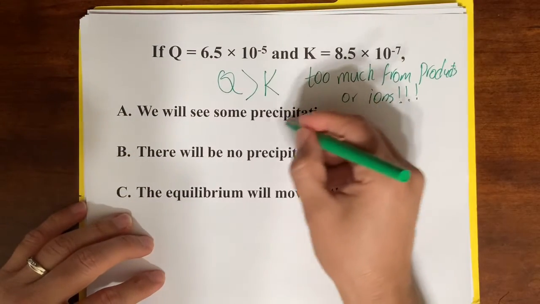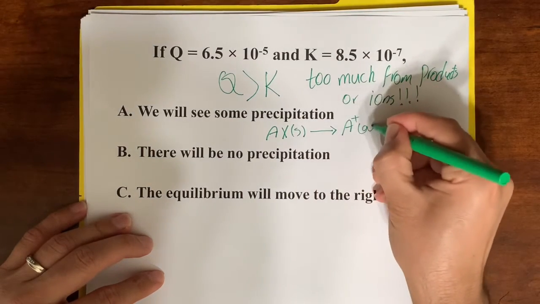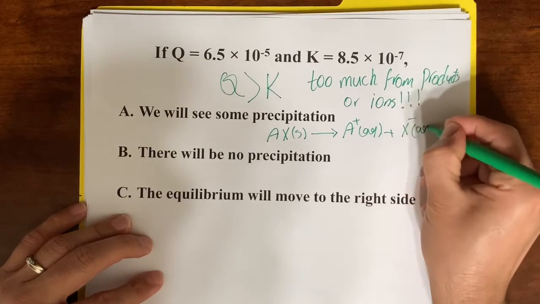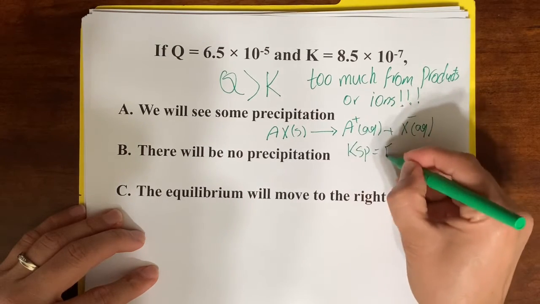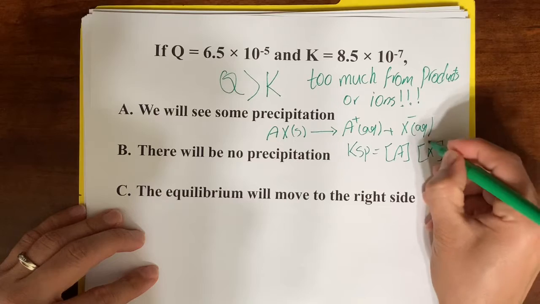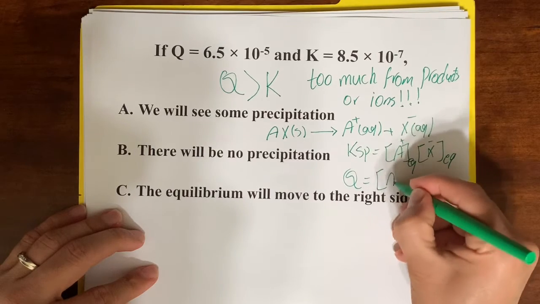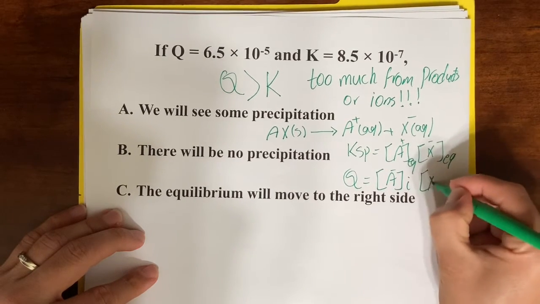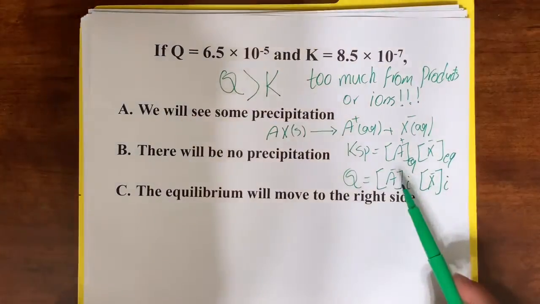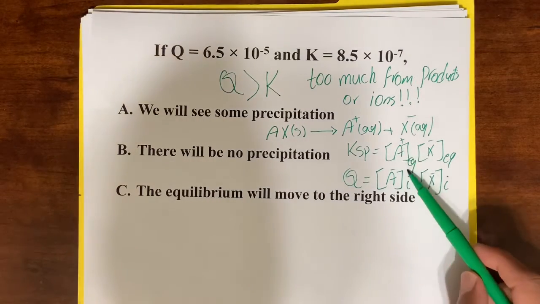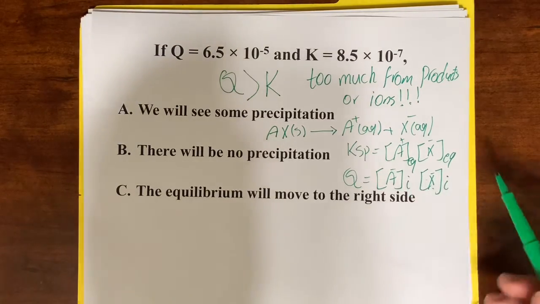So if you have, let's say, AX solid, and it says A plus X minus, KSP for it will be A multiplied by X, versus Q, which is the initial concentration of A multiplied by the initial concentration of X. This one says Q is bigger than K. That means the initial concentration of A is higher than the equilibrium concentration of A, and the same thing for X. So we have too much X and A. What we need to do is drop them.